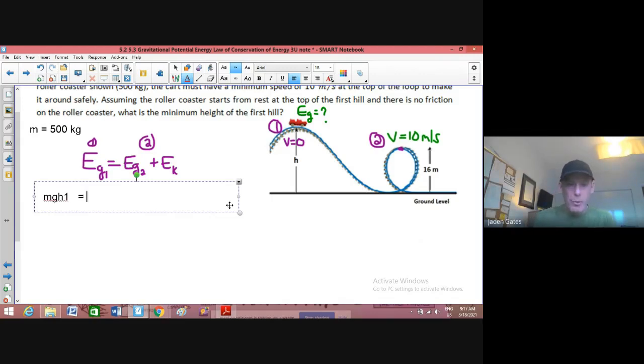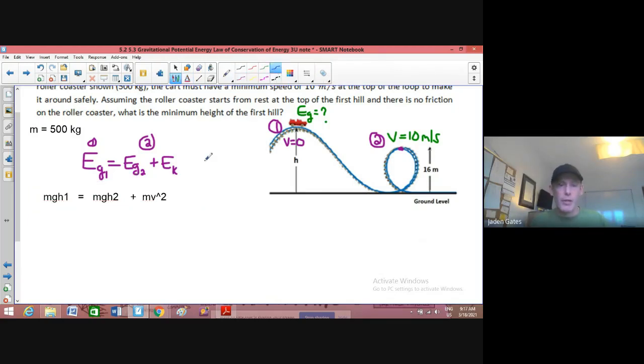That is equal to gravitational potential energy again, mg times height 2, plus kinetic energy, which is mass times velocity squared, divided by 2. What we want to know is H1. That's our big question here.